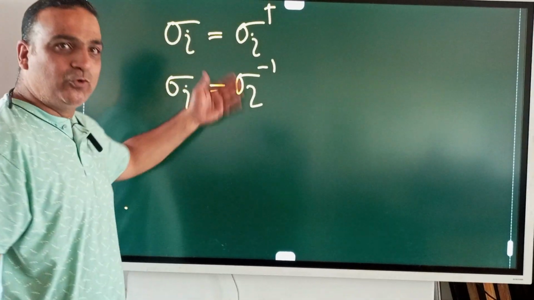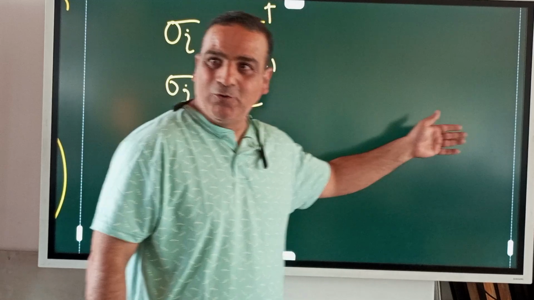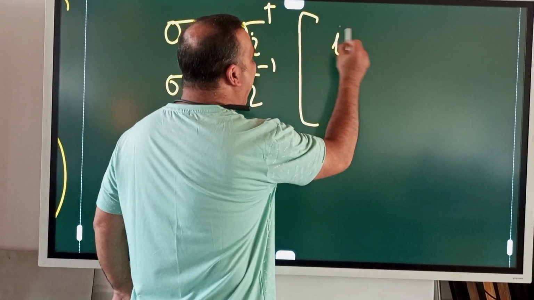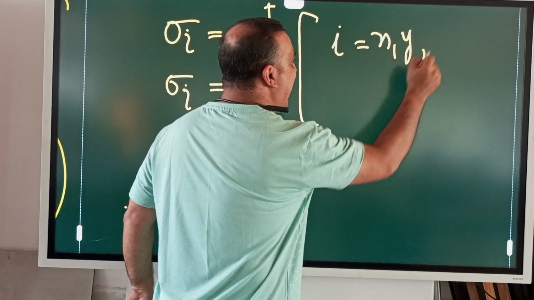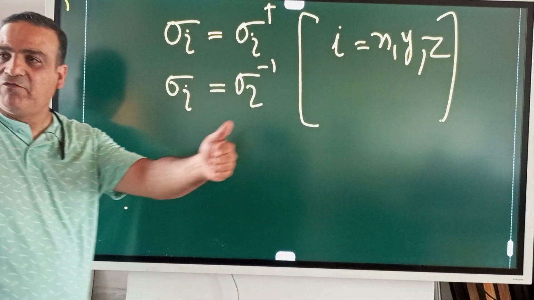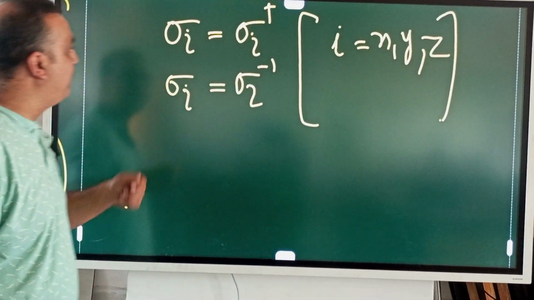So you can see there are two equations. The left hand sides of these two equations are the same, so you can obtain another important property. Here you can go for i as x, y, and z, because i can run from 1 to 3. You have three components of your Pauli spin matrices.